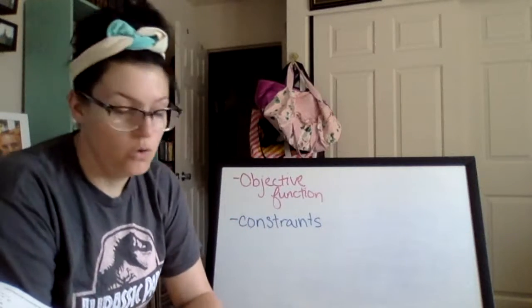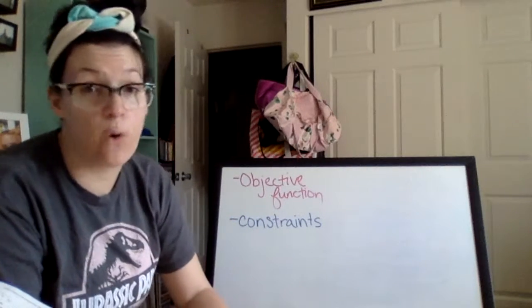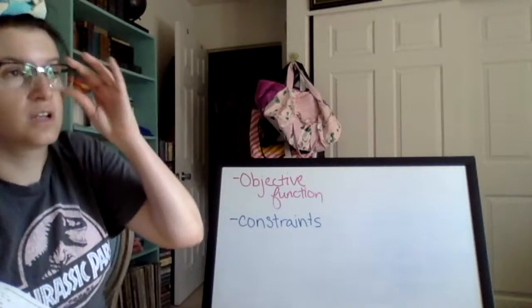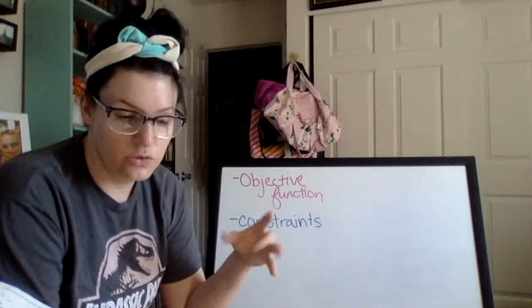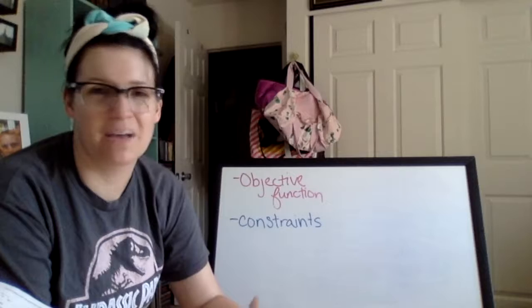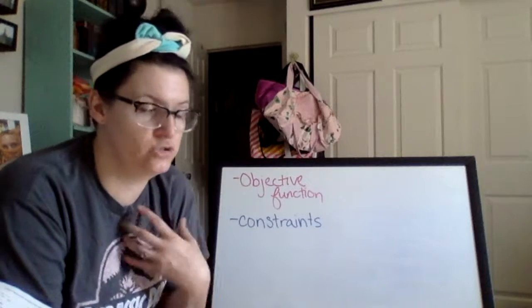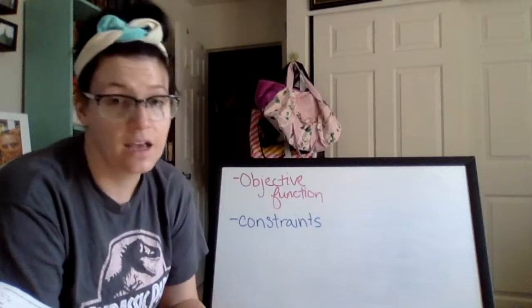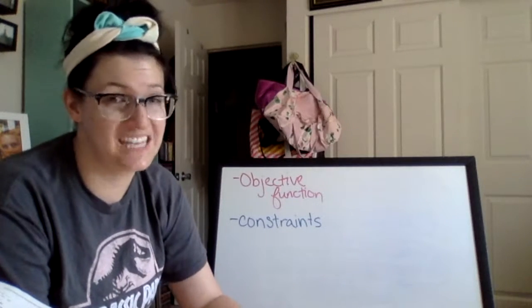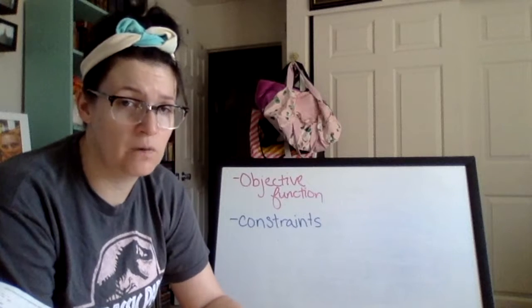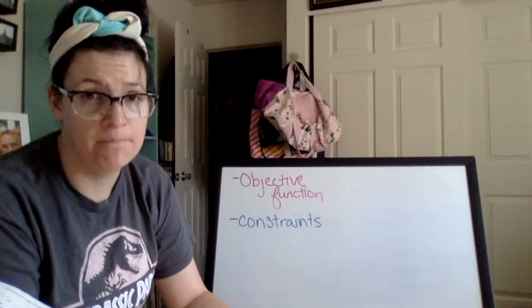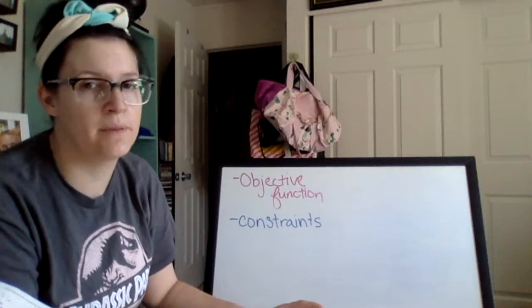Pretty much what linear programming is for is real life situations where you want to find out how you can combine certain things to maximize something like profit. Like if you're making 2 different kinds of candy and they cost a different amount to make and to sell, and you want to find out how many should I sell of each to make the most amount of money. So that's what linear programming is for.